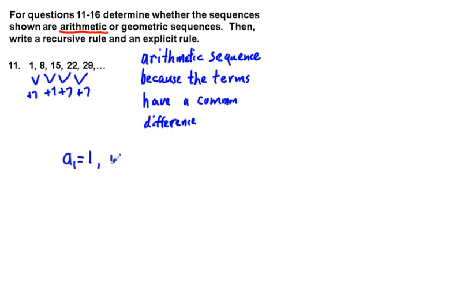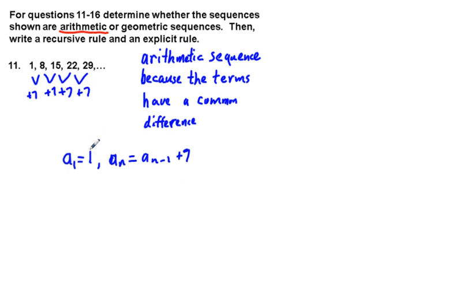And then a sub n equals a sub n minus 1 plus 7. So that means if we find any term here, we can take that term and add 7 to it.